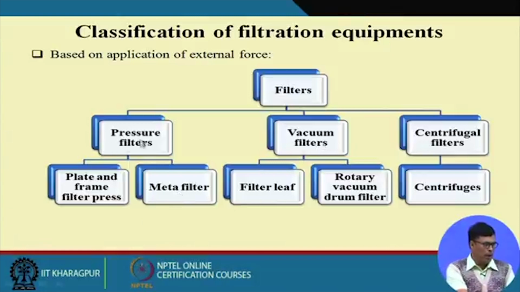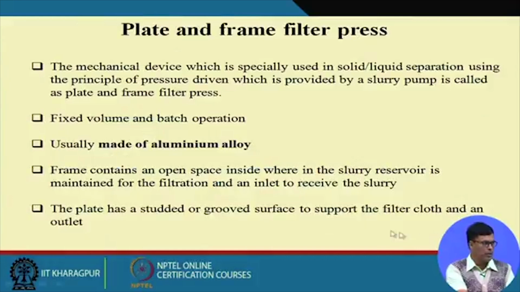Now, in the biochemical industries, we are interested in the plate and frame filter press, which is largely in practice, and we also use the rotary vacuum filter, largely in practice, and the centrifuge. So I shall mostly concentrate on these three filtration processes, because they are in practice in the biochemical industries.